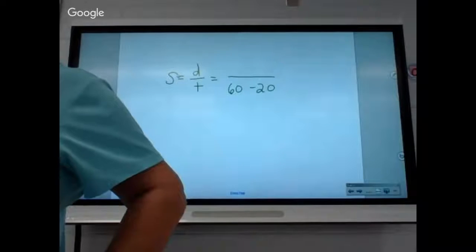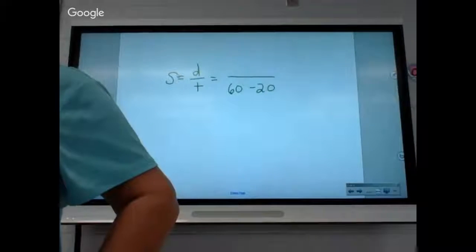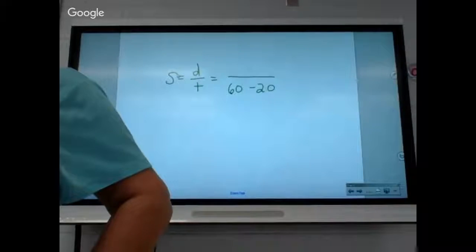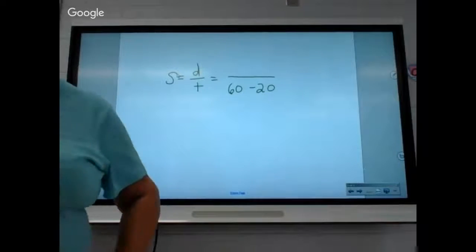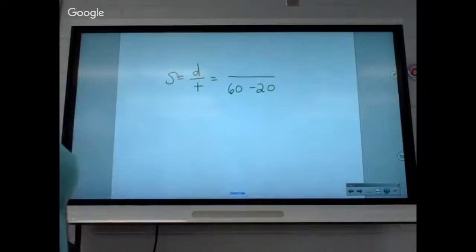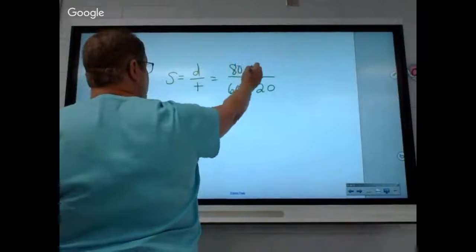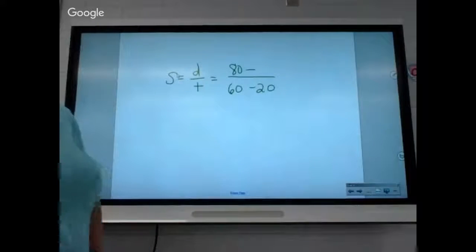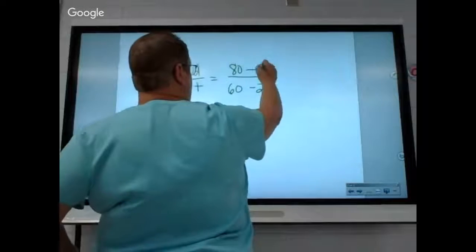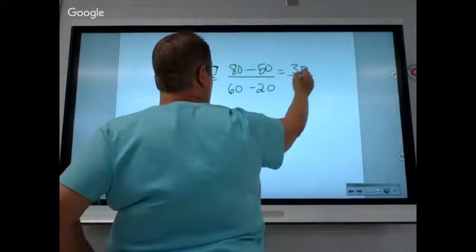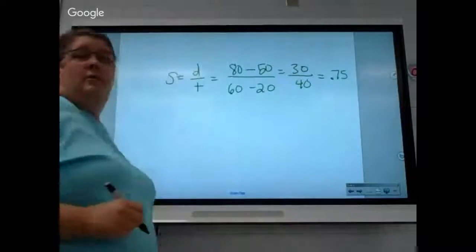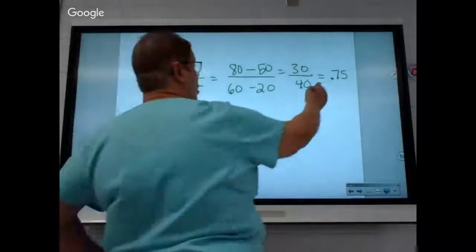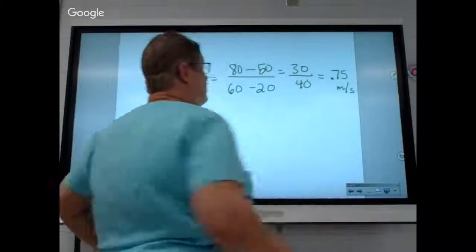You have to go up to the distance chart right above the problem. 60 matches up with 80, and 20 matches up with 50. So you get 30 and you get 40, and then you divide and you get 0.75. And the units come from the chart, and they're meters over seconds.